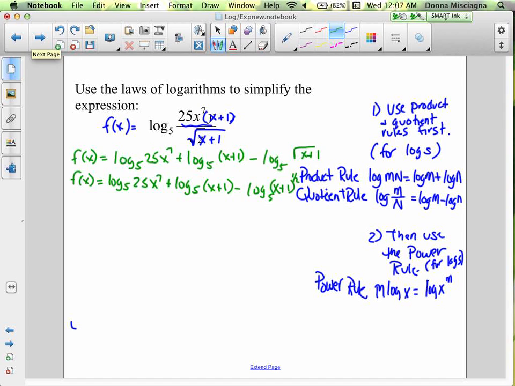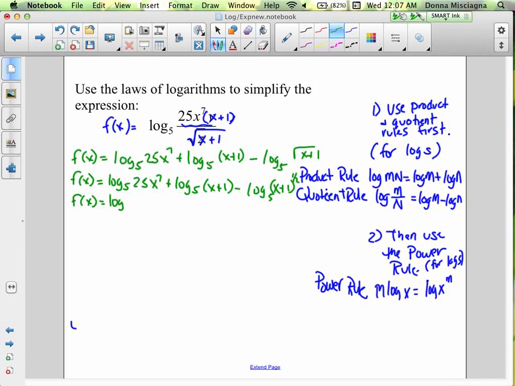All right, so power rule moves the exponents in front. So this would be f of x equals 7, oh wait, excuse me. We have to split that one up still, because that exponent is not on the 25, right? It is only on the x to the 7th. So let's split that up.